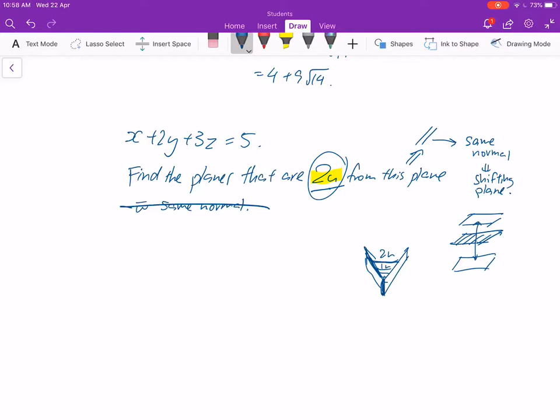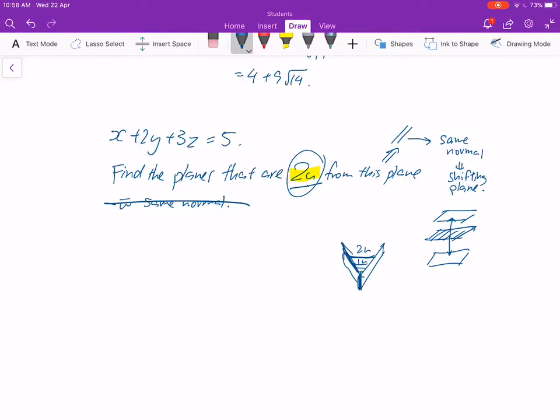Use your hand, or you try use 3 pieces of paper. Can you slot in any other paper that is not already existing, the planes, such that it is also parallel and 2 units away? Impossible. Okay? So if this is the case, you just need to make your R plus minus 2. You can have a plus 2 version, you can have a minus 2 version.